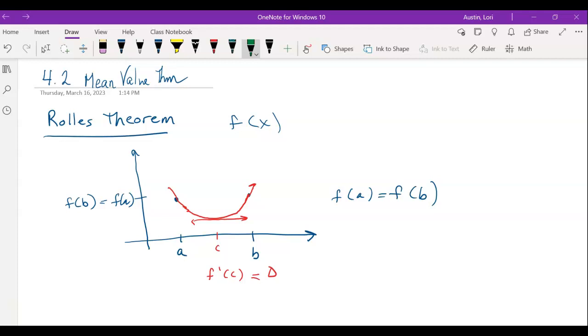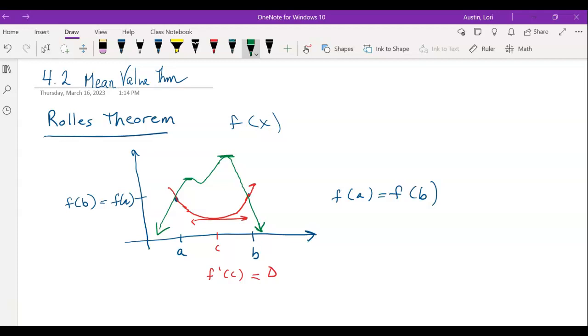Now, when you say at least one, that means there could be more. So let's take a look at, I'll draw another function in green. We'll get a little Christmassy here. If I do another function in green, I go up. Oh, I can turn, I come up. Boom. Just to get between A and B, there has to be at least one value C where f prime of C equals 0.